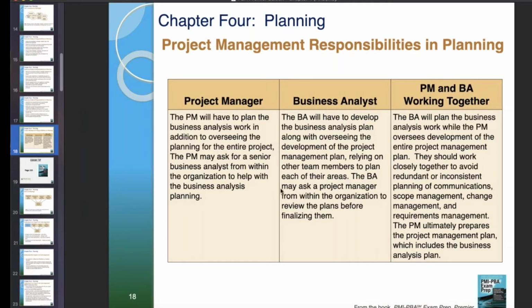The analyst may ask a PM from within the organization to review the plans before finalizing. See how one goes to the other when they're working together. This is when there's just a PM and no analyst. This is when there's an analyst, no PM. This is when you have both working together.